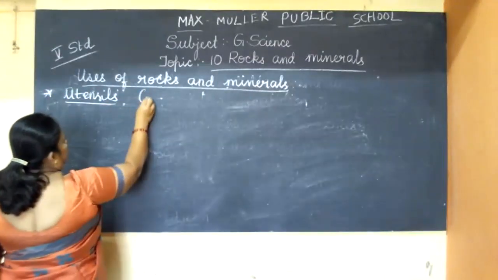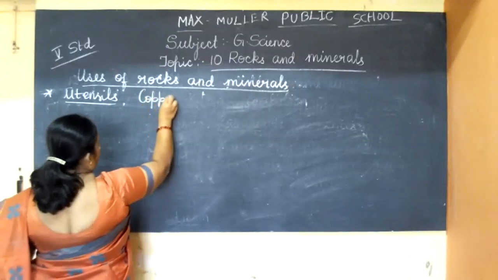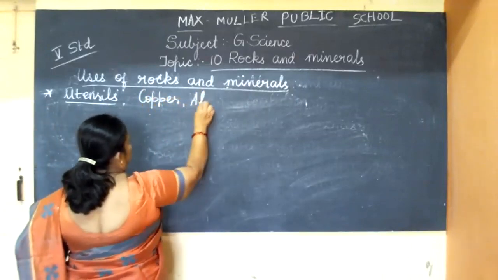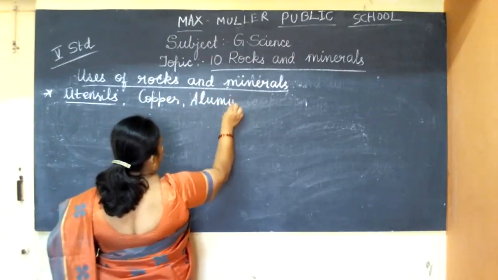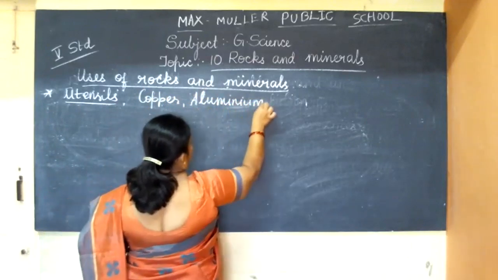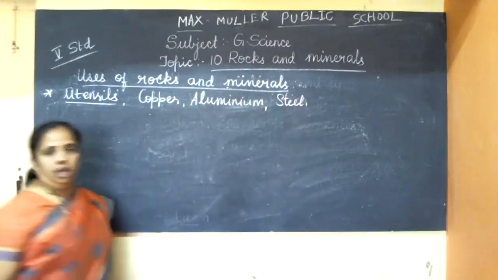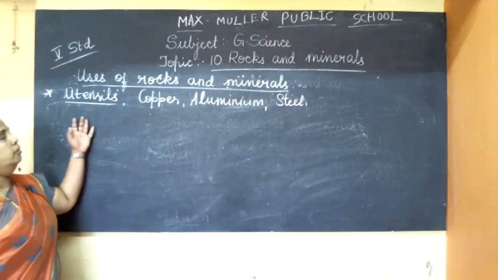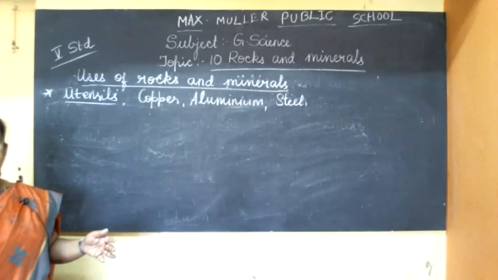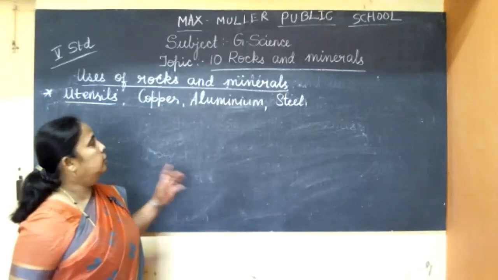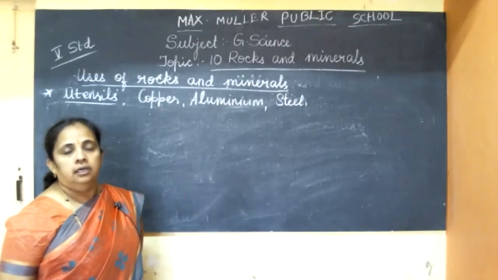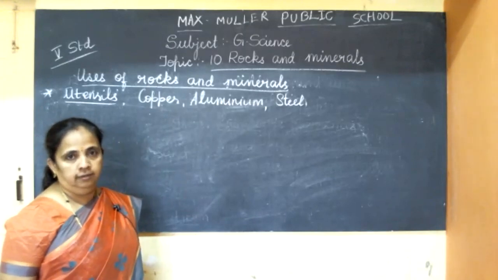It can be copper, aluminium or steel. All these are metals, which are used in the form of utensils to cook food in our house.